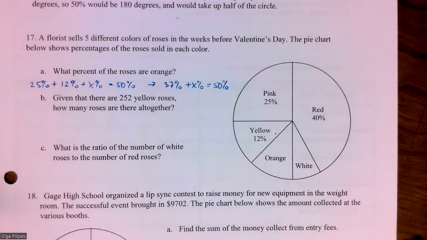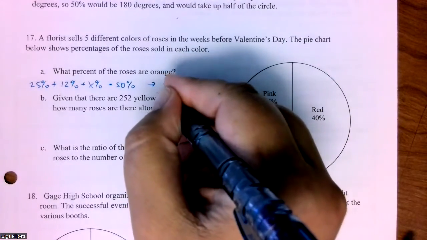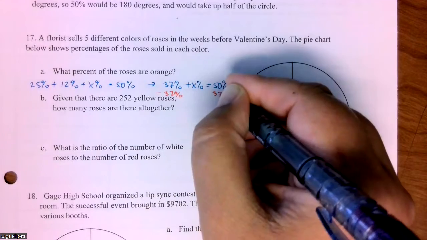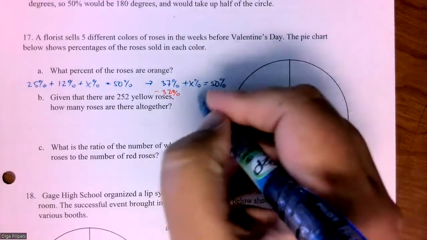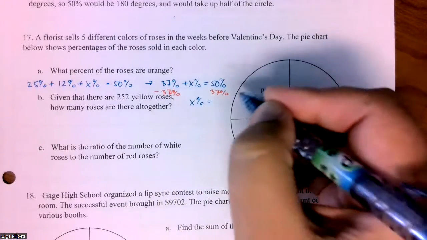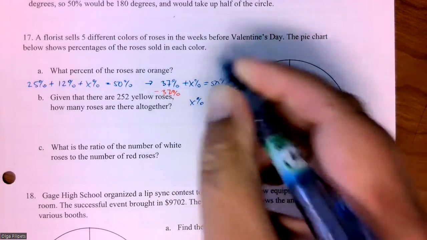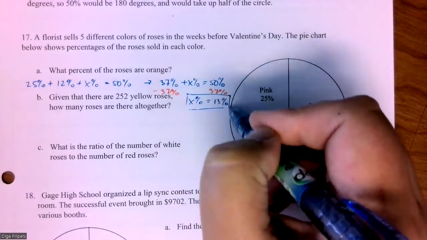And now the next step is to subtract 37% on both sides. 37% on both sides. And we're going to have X percent equals 13%. So X equals 13. So that's going to be our answer.